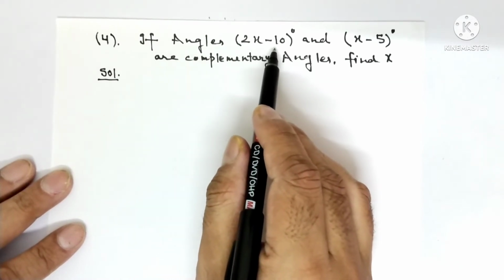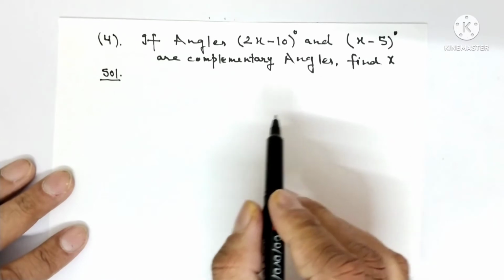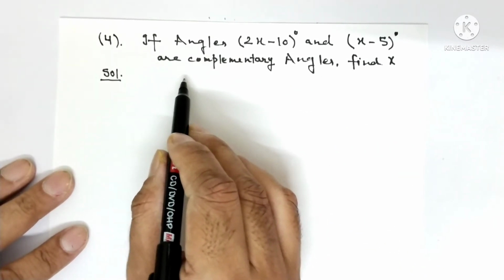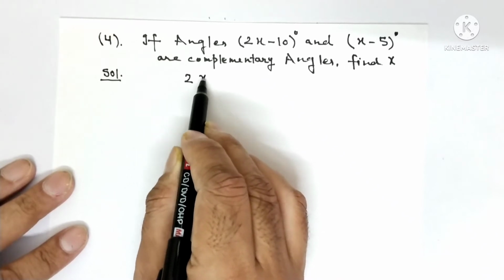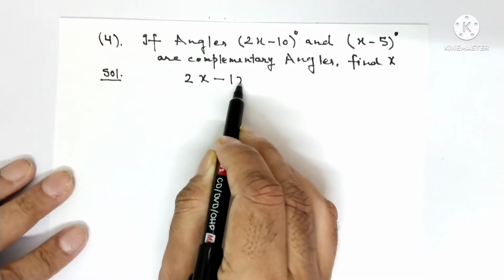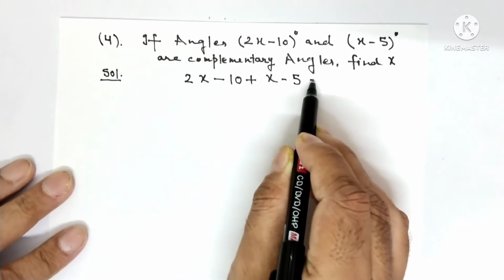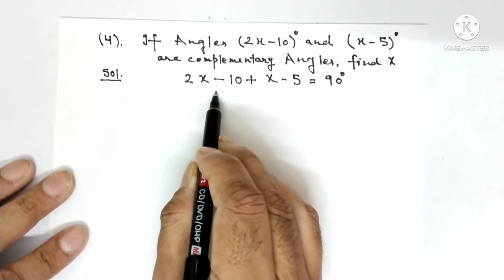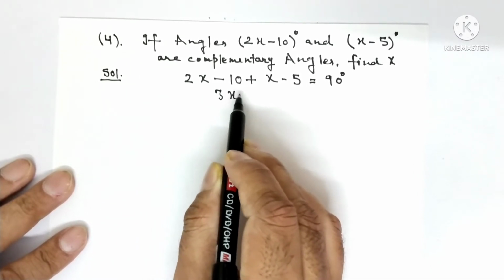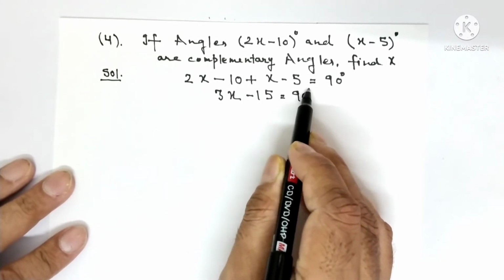If angles 2x minus 10 degree and x minus 5 degree are complementary angles, find x. You know that complementary angles are those angles whose sum is 90 degree. So 2x minus 10 plus x minus 5, we will add these angles and equate to 90 degree. So 2x plus x is 3x, minus 10 minus 5 is minus 15, is equal to 90 degree.